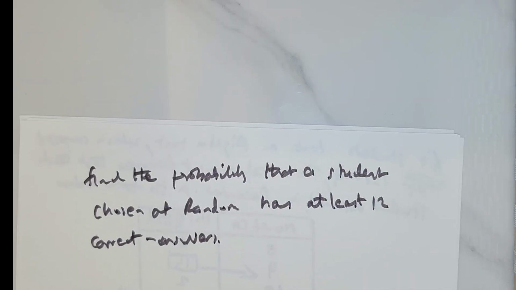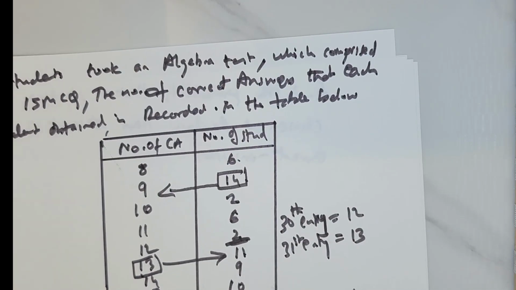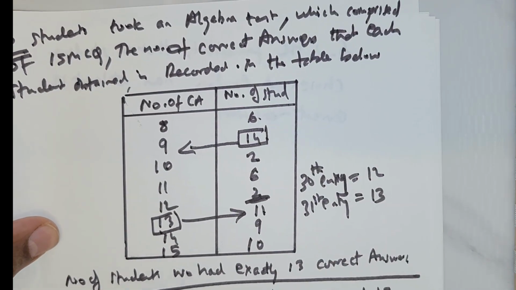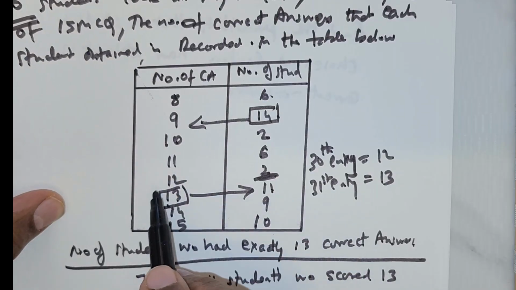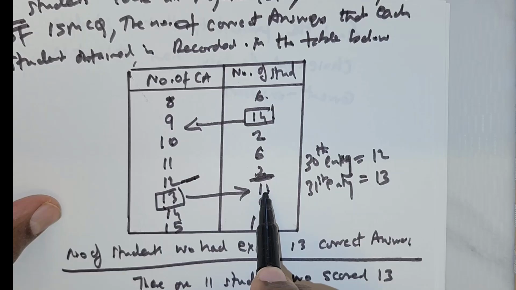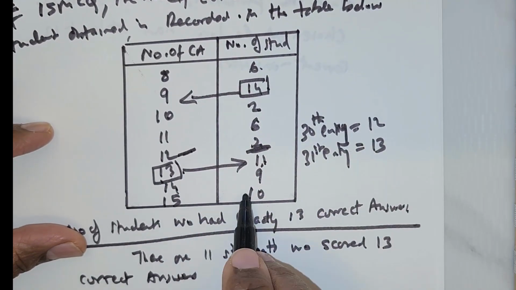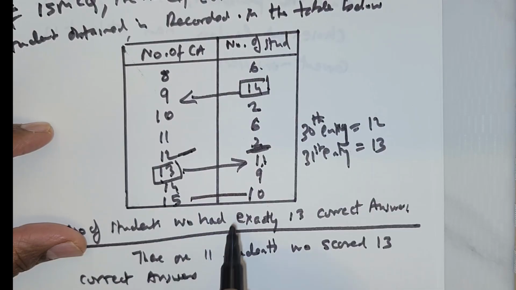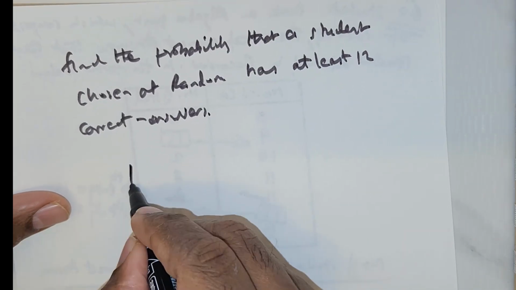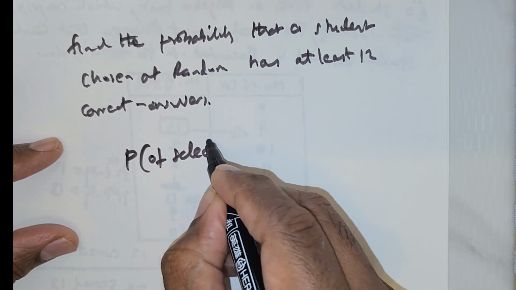So you go back to the table and find out where do we have answers which are 12 and above. See, 2 students get 12 correct answers, then 11 are getting 13 and 9 are getting 14 and 10 are getting 15.